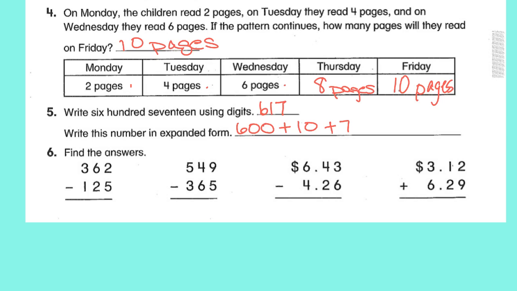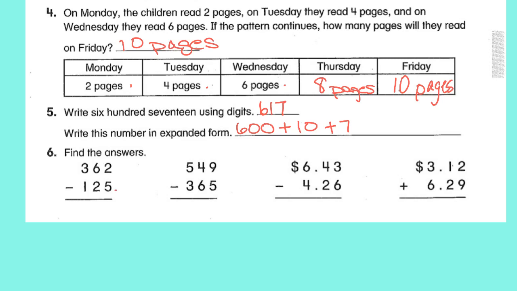Let's move on to number 6 to find the answers to these problems. We have 362 minus 125. Feel free to pause this video and go ahead and do these problems on your own and then press play and check your work. All right, so 362 minus 125.